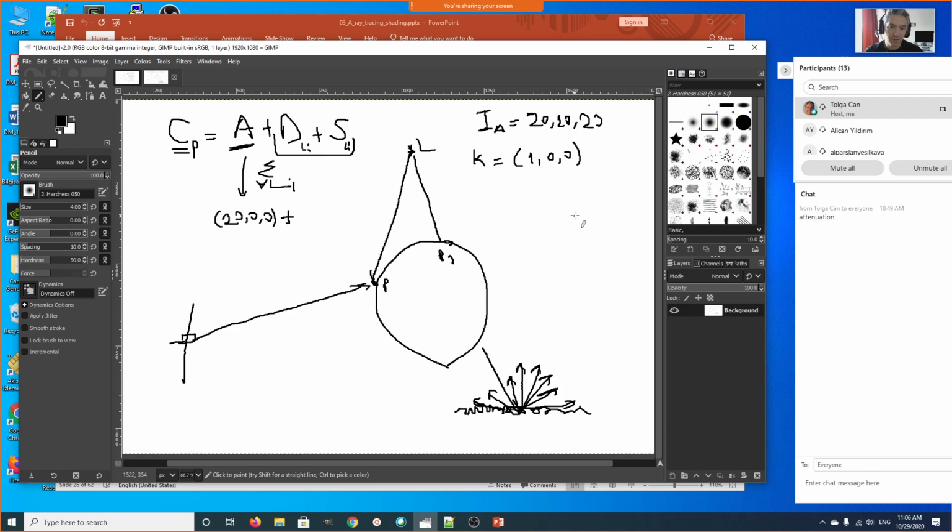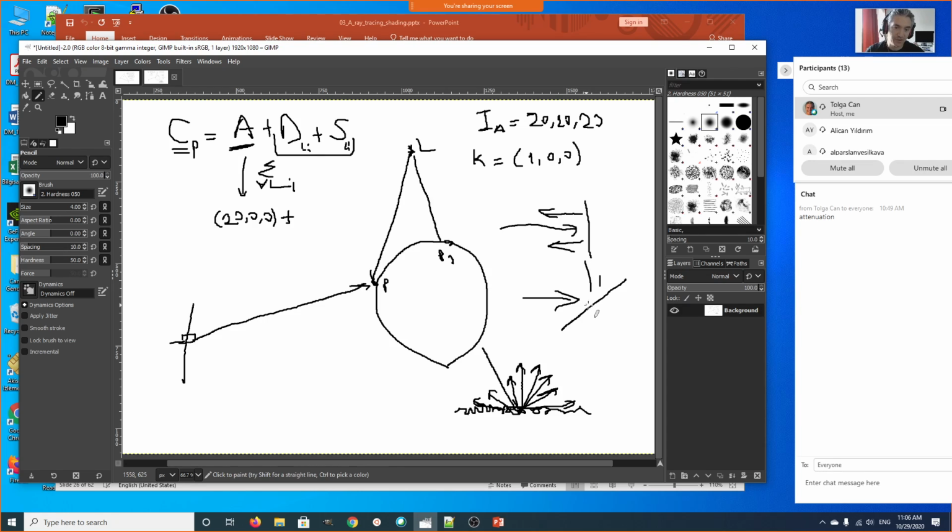Consider it like this: if a light source is hitting directly on a surface, most of the light rays can be reflected. But if the light rays are coming like this, and your surface is like this, not many light rays are going to be reflected, fewer rays.